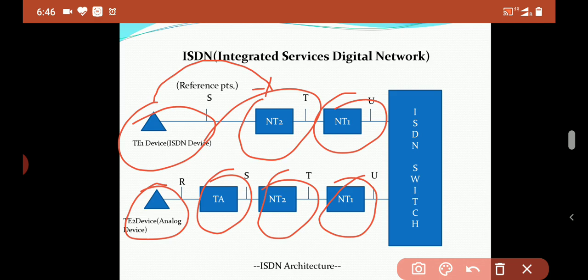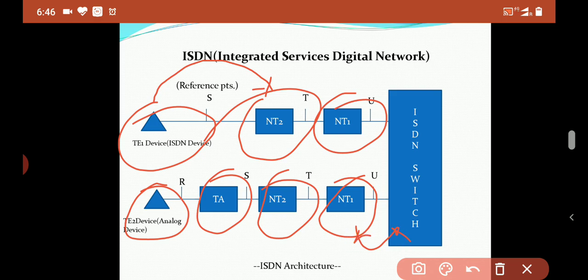T is the reference point between NT2 and NT1. In the same way, we have the U interface, which is between NT1 and the ISDN switch.